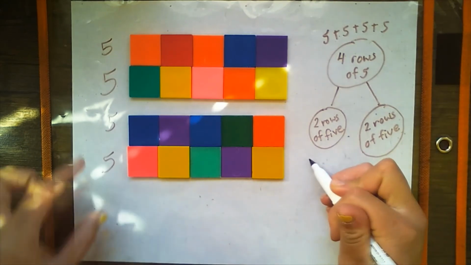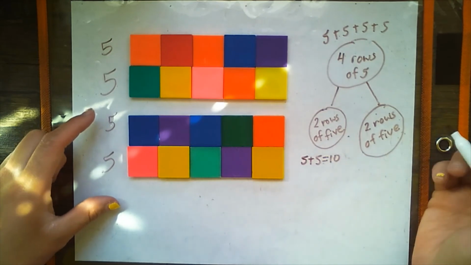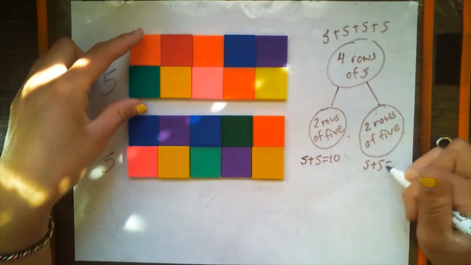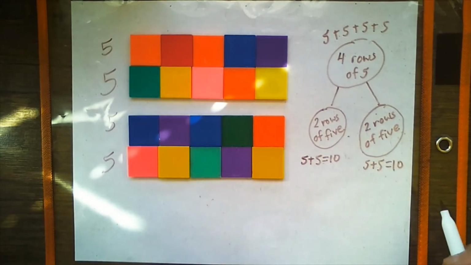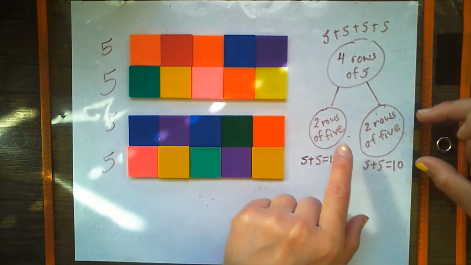Wonderful. It would be 5 plus 5 equals 10, and 5 plus 5 equals 10. Make sure you put the 5 plus 5 equals 10 number sentence under each part of the number bond, below the parts of the number bond.